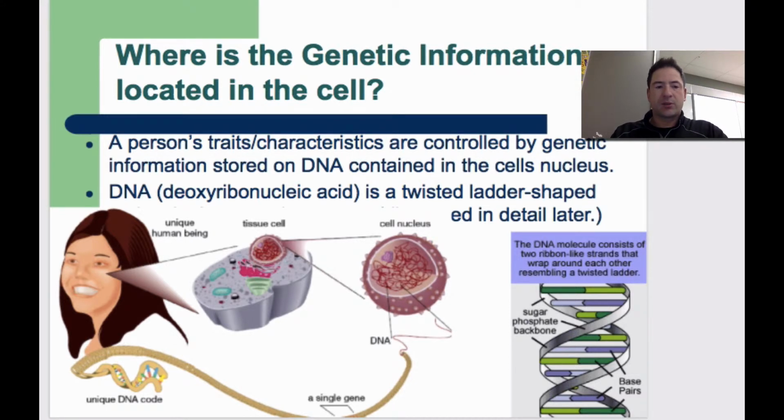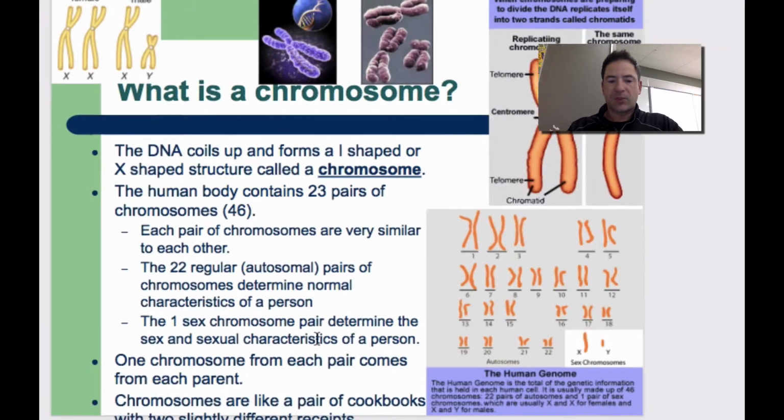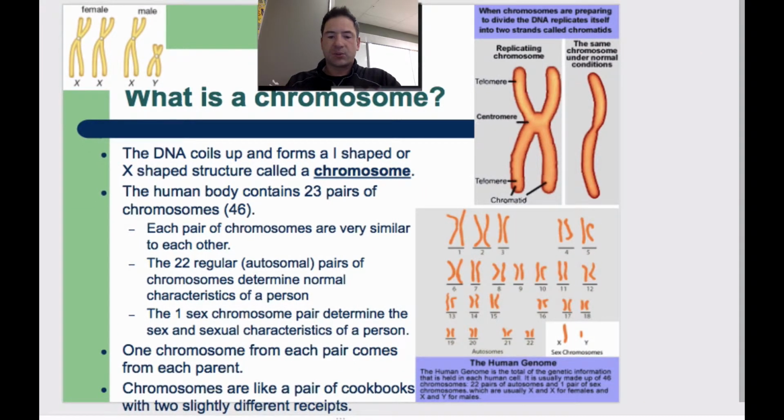Moving on, we are going to talk about chromosomes. Chromosomes are essentially a bunch of DNA packed together. Basically, DNA coils up, and it's going to be in 3 shapes.